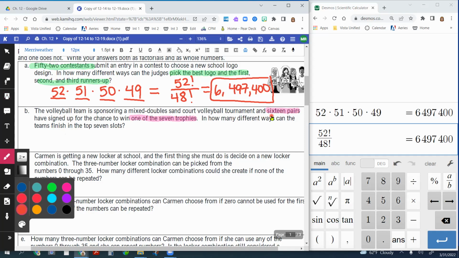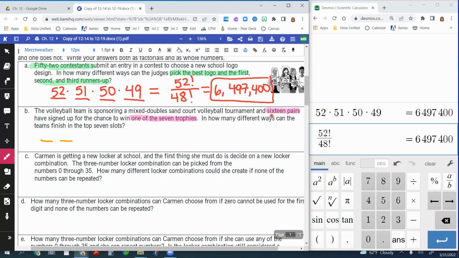So if I'm doing this, I can list 1, 2, 3, 4, 5, 6, 7. That's going to be 16 for the first, 15, 14, 13, 12, 11, 10, or 16 factorial over what's missing, I should say, 9 factorial.